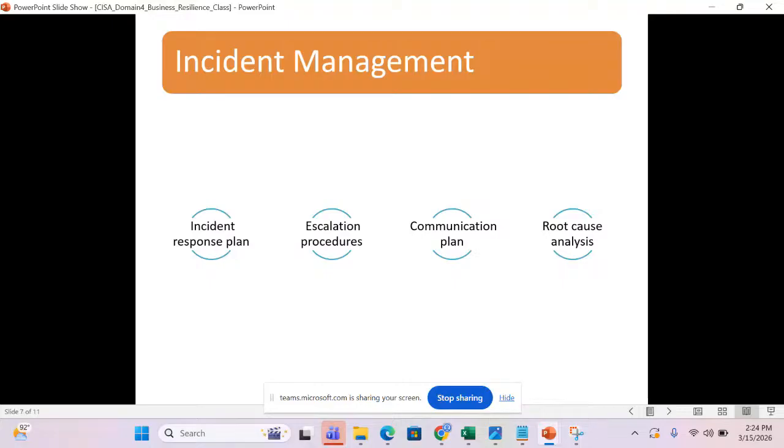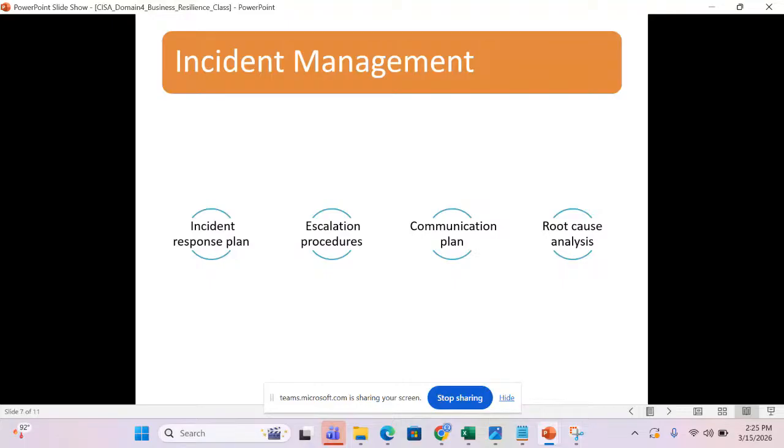No matter what processes you put in place, we know incidents are going to occur, but how do we manage them? How do we ensure proper incident management in an organization? That will now take us to what we call the incident response plan.